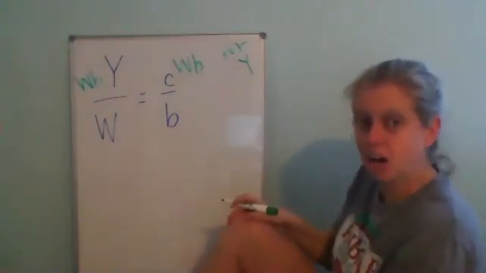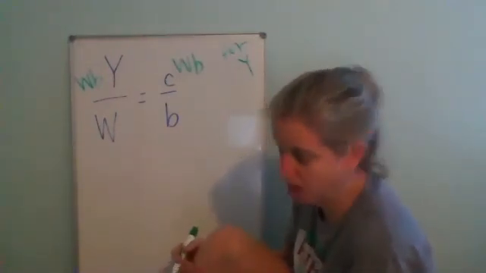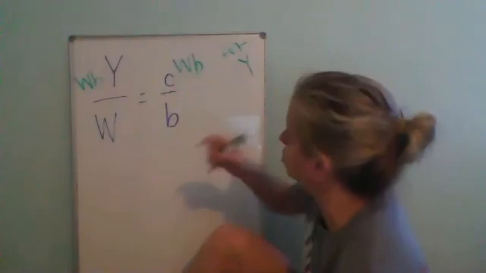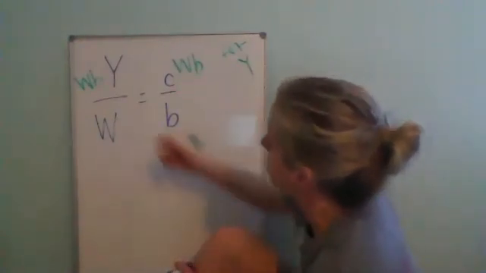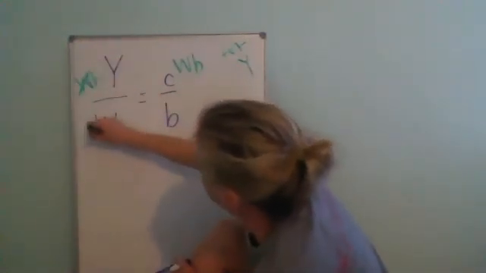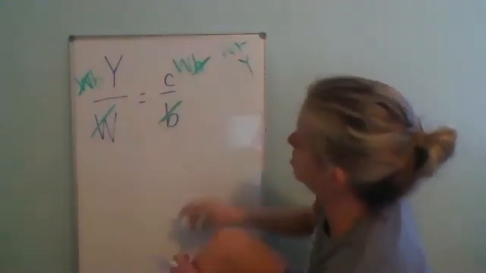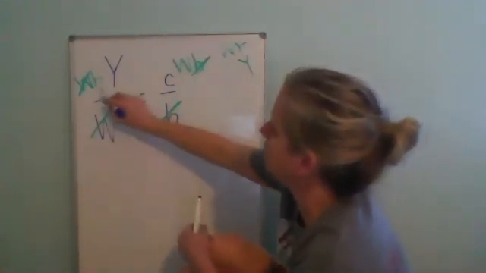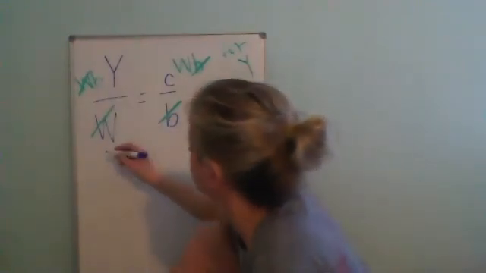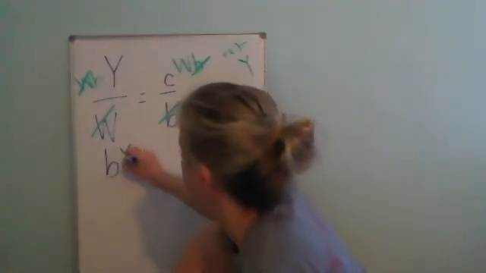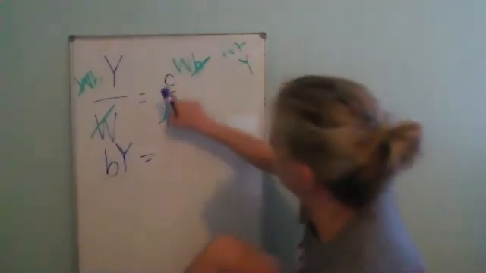Now, I could also use cross multiplication on this problem, right? Since I have one fraction equal to one fraction, but look what's going to happen. This w is going to cancel that one. This b will cancel that one. So what are we going to be left with? by equals, what's left here?